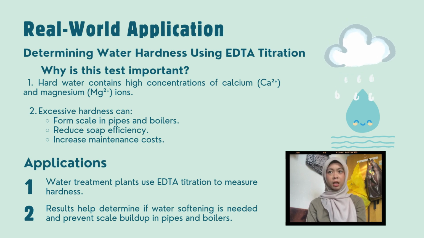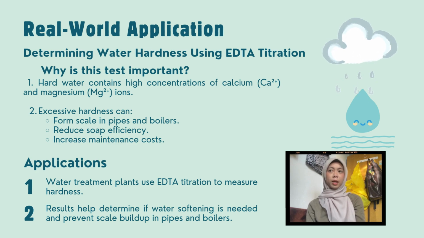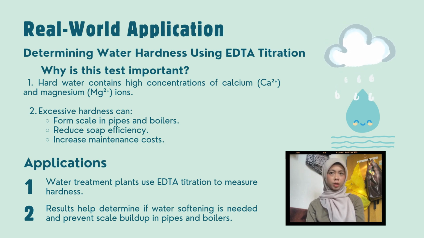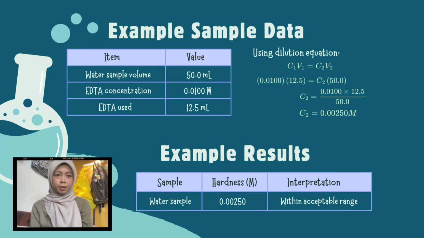During the analysis, a measured volume of water is titrated with a standard EDTA solution. Because EDTA reacts with calcium and magnesium ions in a 1-to-1 ratio, the volume of EDTA used allows us to calculate the concentration. For example, we analyzed a 50.0 ml water sample using 0.01 molar EDTA.